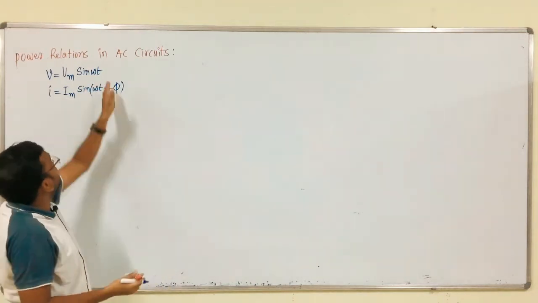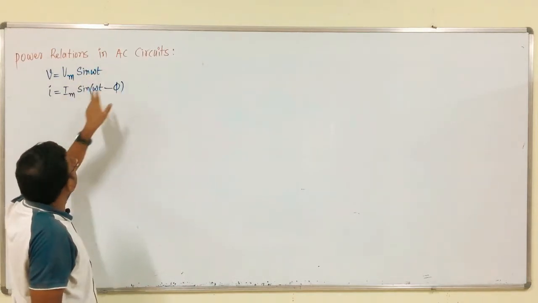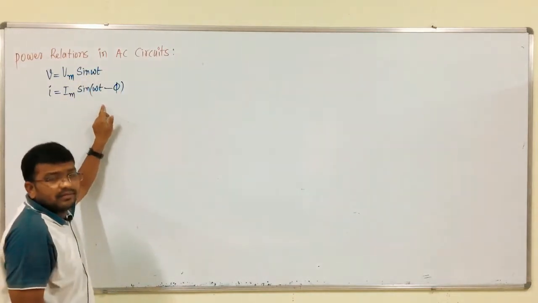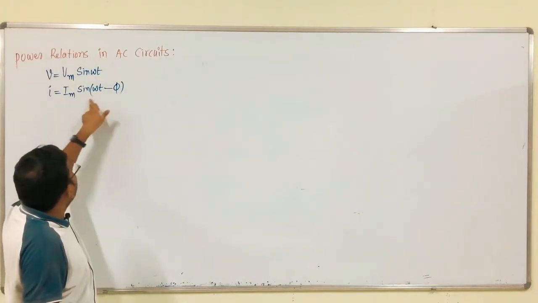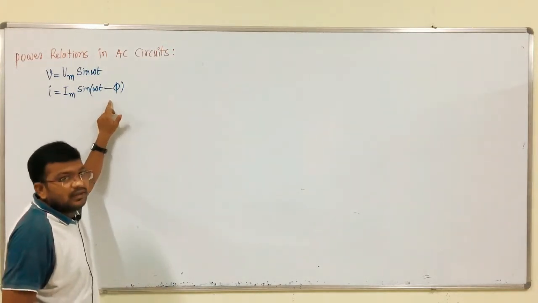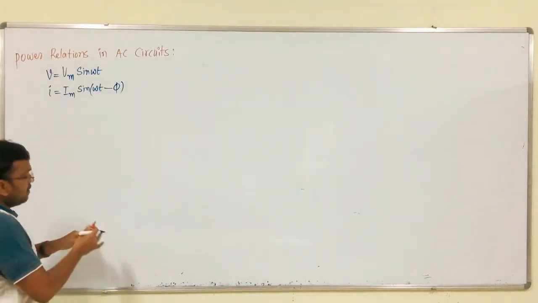You can consider it in voltage also, for example Vm sin(omega t plus phi) and Im sin omega t, as you wish. In my assumption, I am going to consider the lagging power factor in the case of current, minus phi.